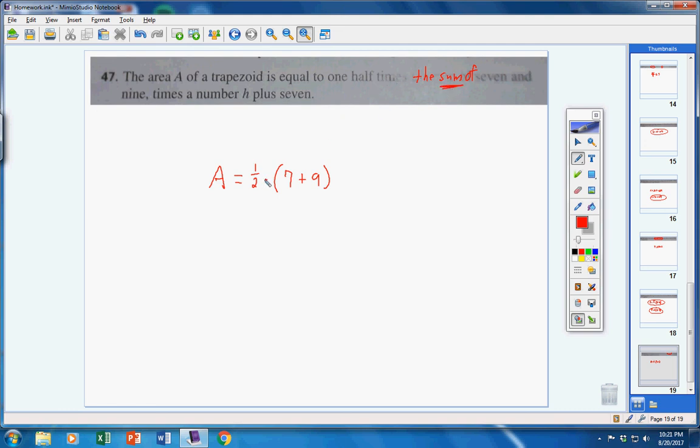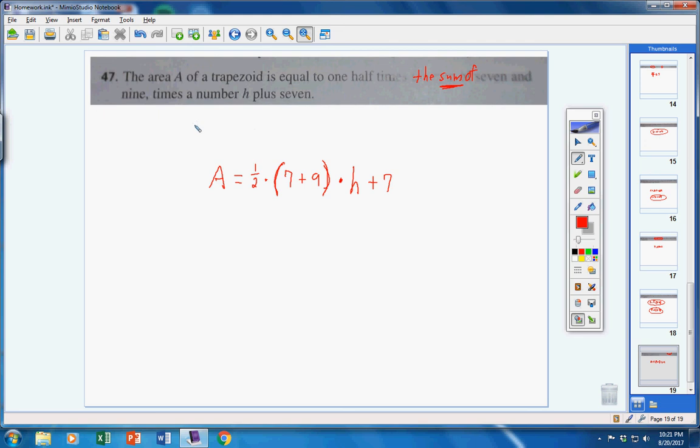So I'm taking 1/2 times the sum. So you must put a parenthesis because you're not taking 1/2 times 7 or 1/2 times 9. You're taking 1/2 times the entire sum. So 1/2 times the sum of 7 and 9 times a number plus 7. So do not put times a number h plus 7.